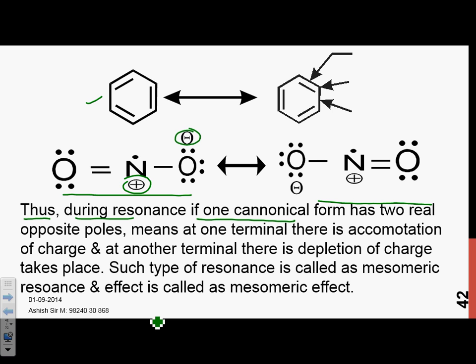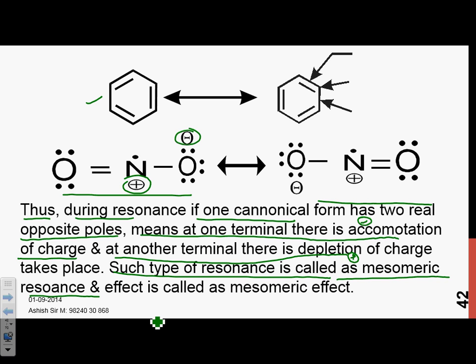If one canonical form has two real opposite poles, positive and negative, at one terminal there is an accommodation of charge, meaning negative charge, extra electrons, and at another terminal there is a depletion, meaning positive charge. Then such resonance is called mesomeric resonance, and this effect is called the mesomeric effect.